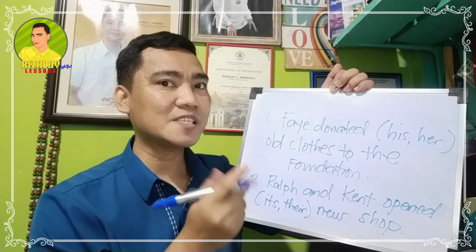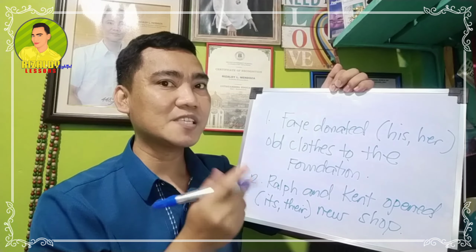All you need to do first is to identify your subject. So our subject is Faye, right? Then after knowing that one, you need to know what is the gender for Faye. Alright, so this is feminine. So by that, you can have the idea already what is the appropriate possessive pronoun. So I'm giving you a tip in answering such activity.